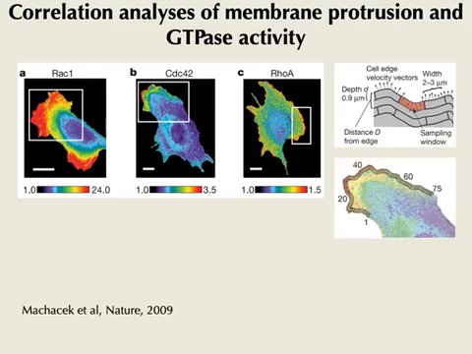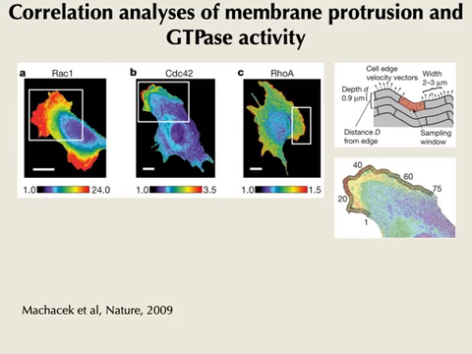So what they do is film these cells and get these movies, and then segment the cells in small areas like this, the so-called sampling windows, either very close to the membrane or further inside the cell. For each sampling window, they quantify RAC, CDC42, Rho A, and the protrusive activity in time.